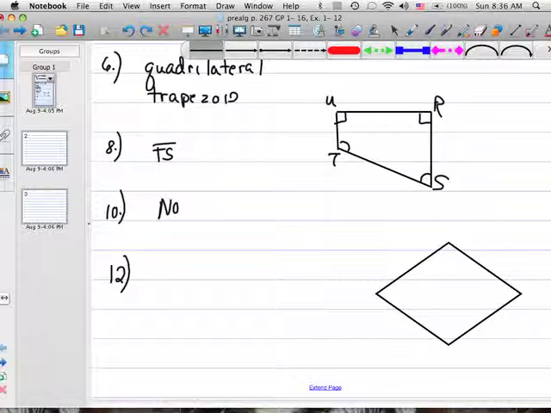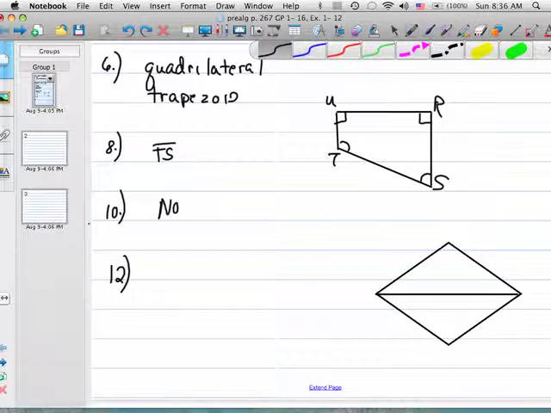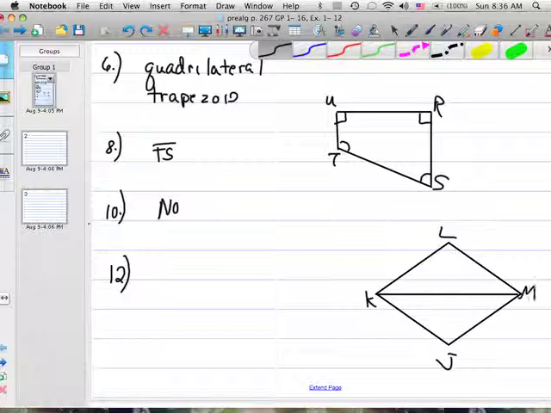Okay, so we have this rhombus, and it's labeled J, K, L, M. And they tell us that this side is 6 centimeters long.